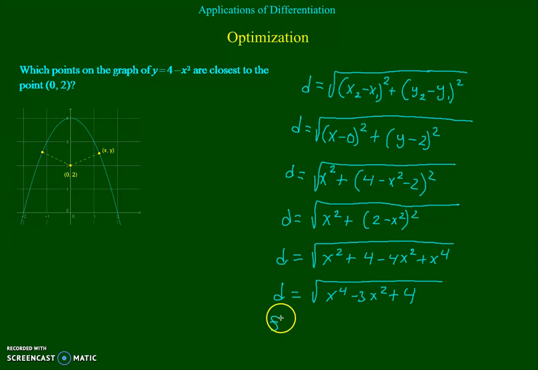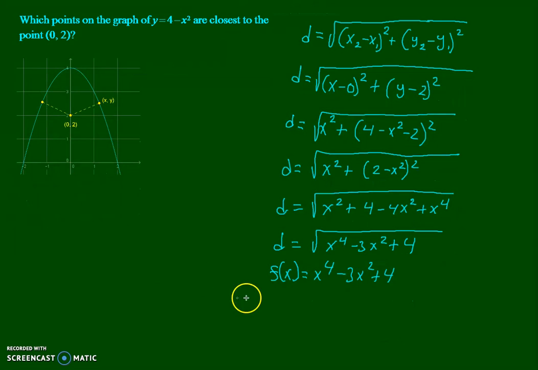We're going to say f of x is x to the 4th minus 3x squared plus 4, and then f prime of x becomes 4x to the 3rd minus 6x. Now we need only find the critical numbers of this, so 0 equals 4x to the 3rd minus 6x.